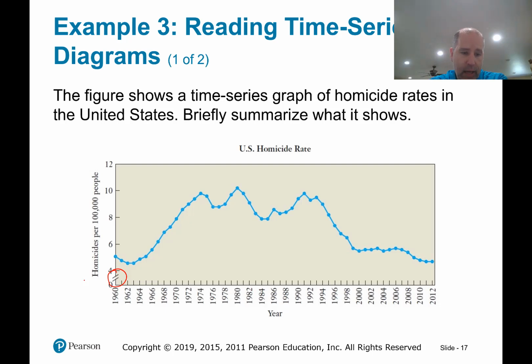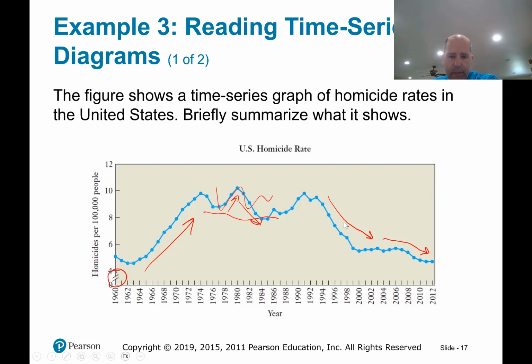We've got this rise, and then this up and down. It went down here, went up here, and then since 1994 it decreased significantly and has been decreasing steadily since about 2000.